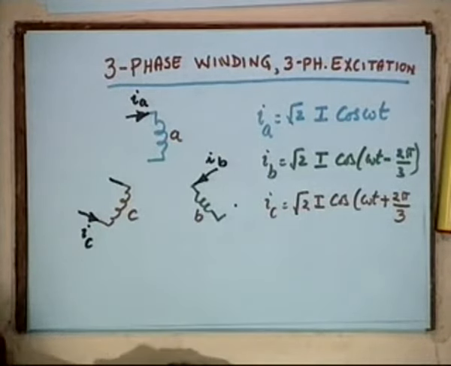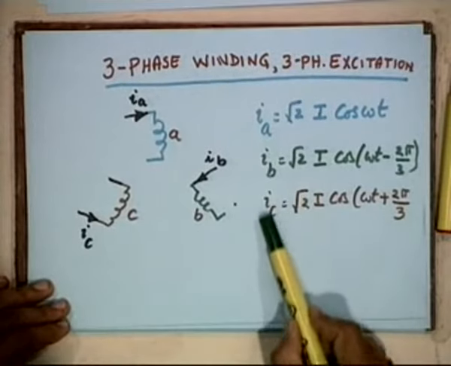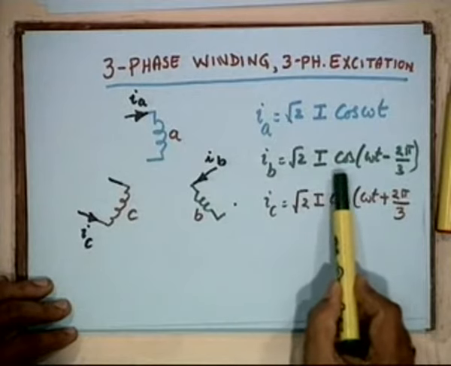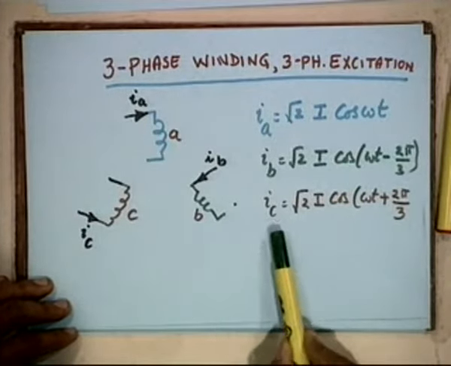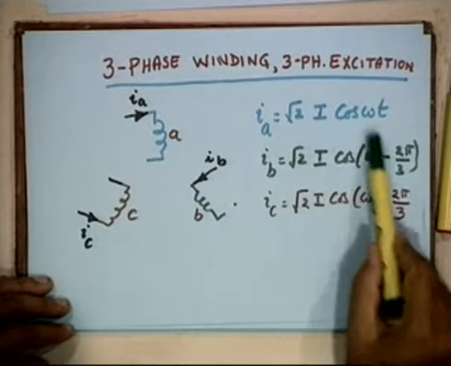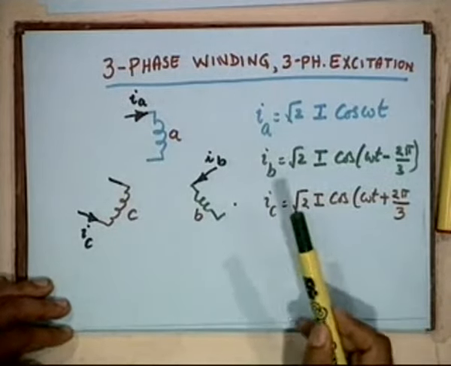Three phase excitation means three phase balanced currents represented as follows. IA is root 2 I cos omega t, IB is root 2 I cos (omega t minus 120), IC is root 2 I cos (omega t plus 120), okay.